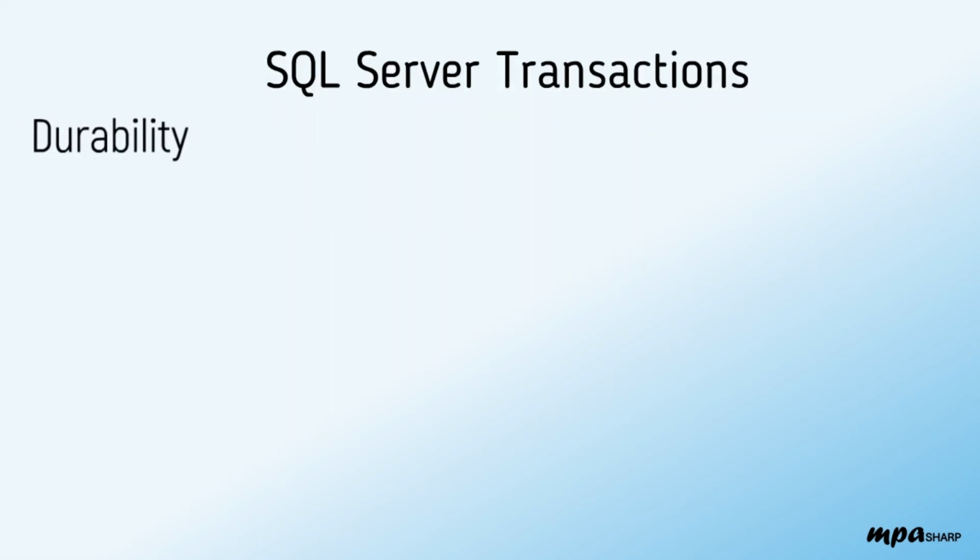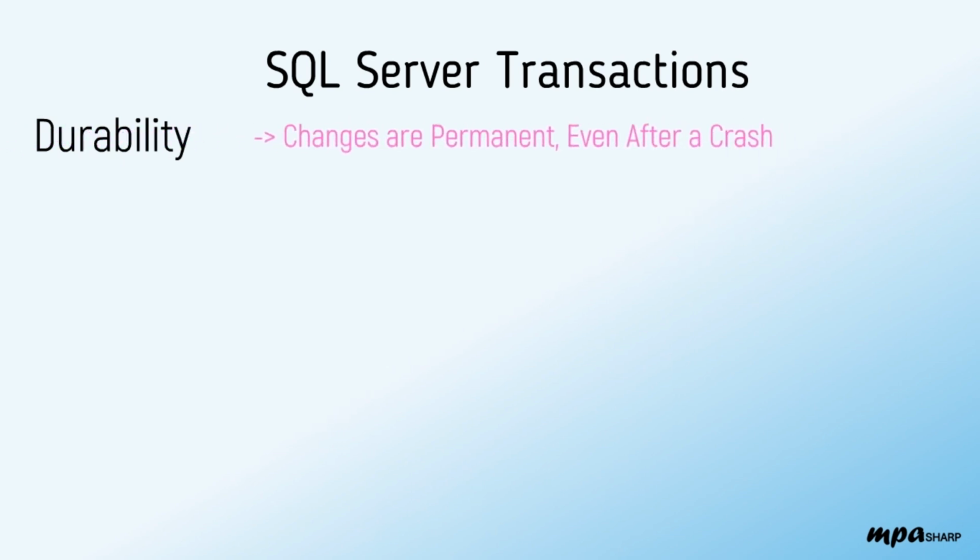Durability. Think of it as changes are permanent even after a crash. Once a transaction has been successfully committed, those changes are permanent and will survive even if the database server crashes, loses power, or restarts immediately after the commit.